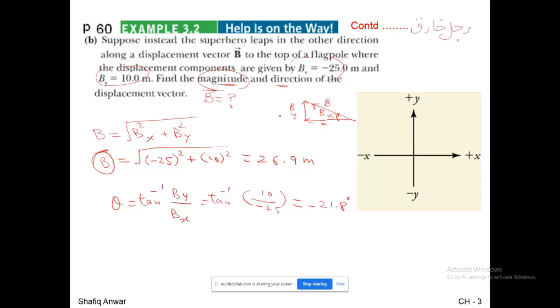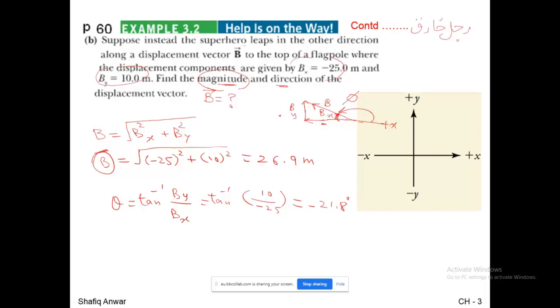Now we are interested in finding the angle from the positive x-axis. This angle we need. I give it a name, the Greek letter phi. This is theta, this is phi. So theta you found out, this is theta.